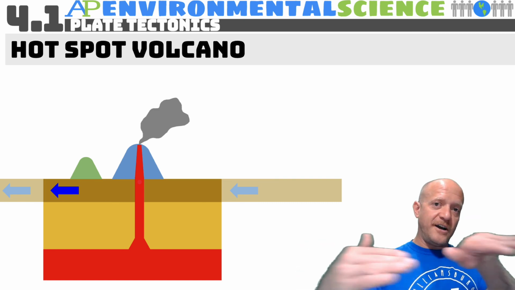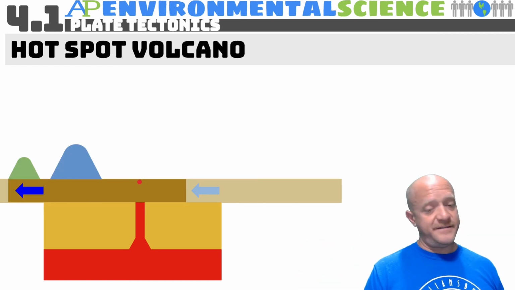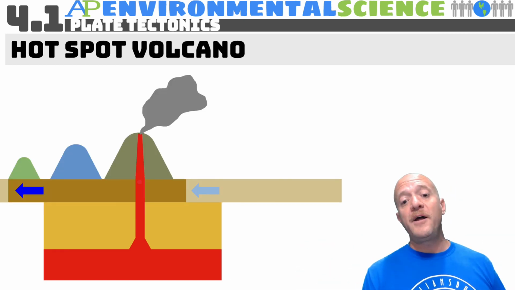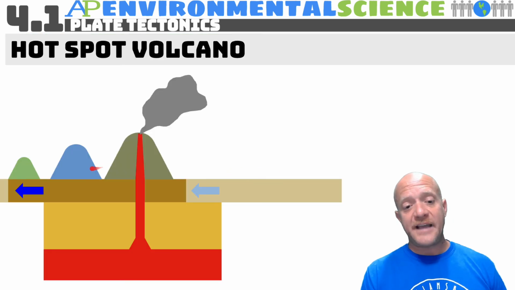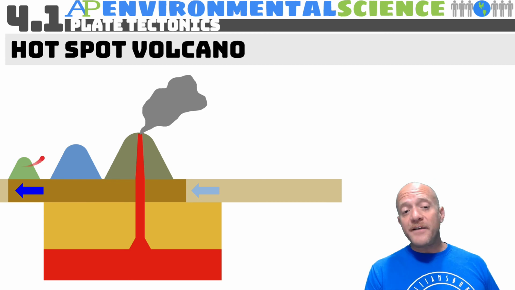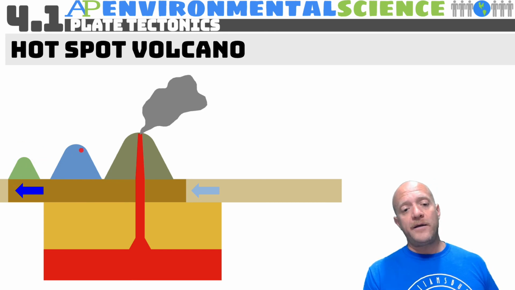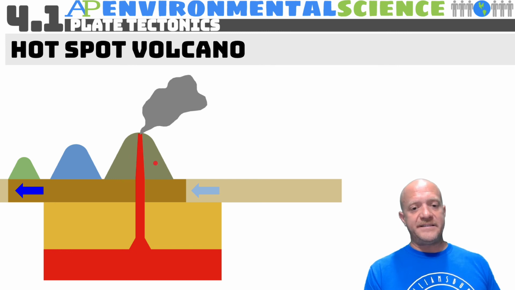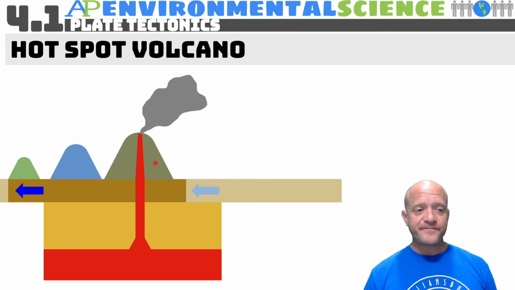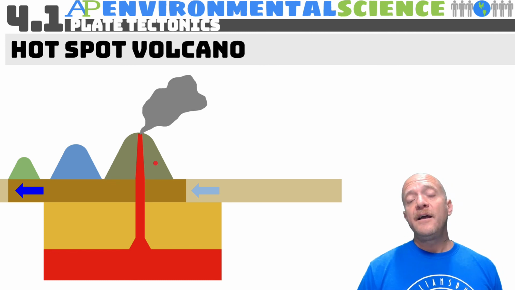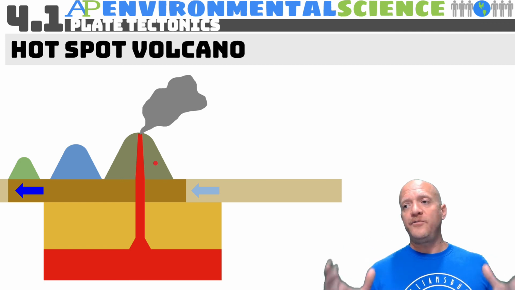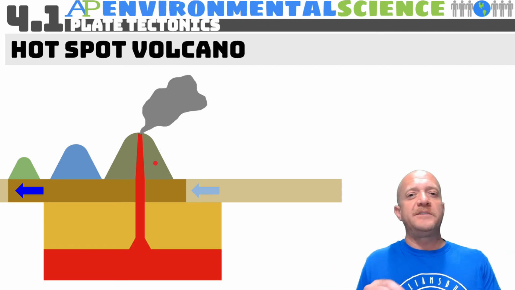These plates are constantly moving, so the same thing happens again. You're going to form another volcano, and this will continue to happen. Sometimes, depending on how long the plate has been over this thin area, this hot spot, you'll have different sized islands. This diagram doesn't show it, but typically the older islands are going to be larger and the newer ones are going to be smaller.